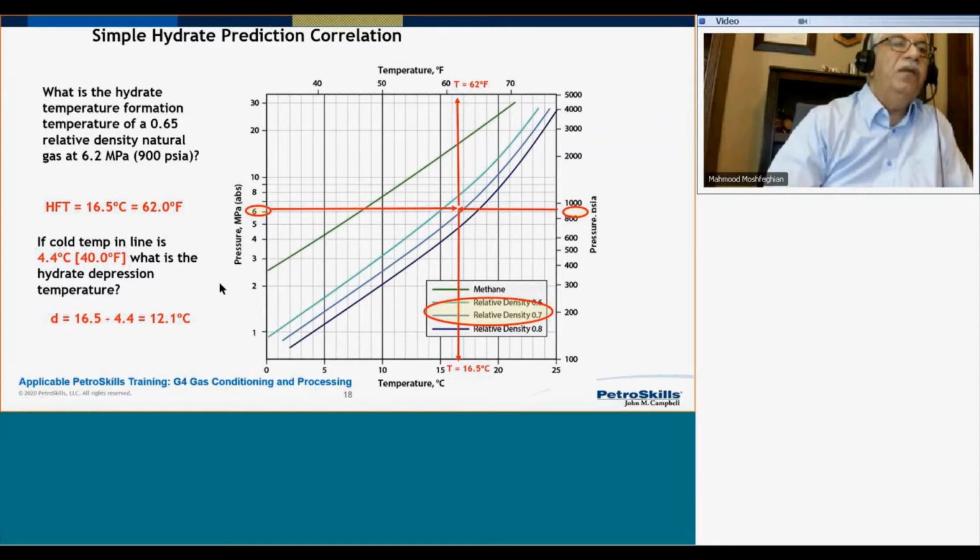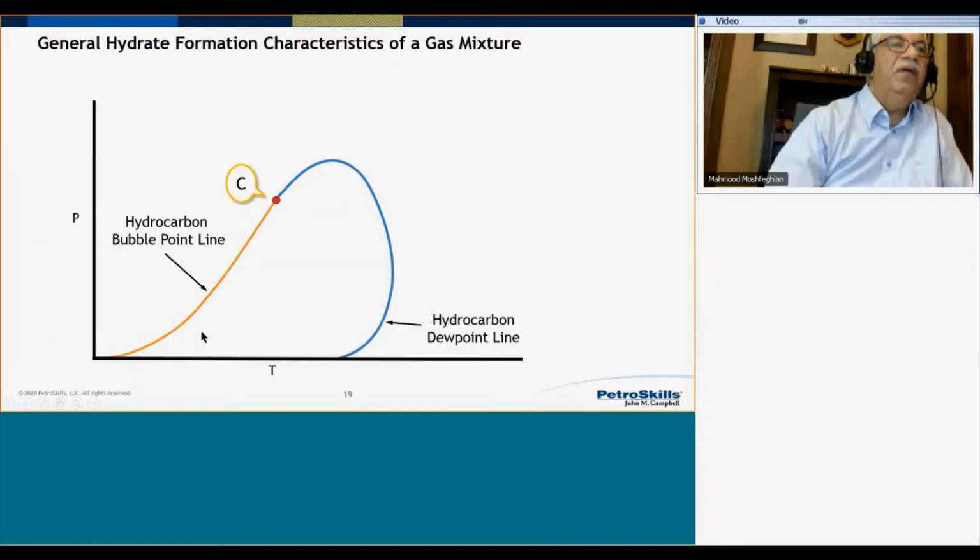So we're going to determine the depression temperature. Depression temperature we define as the hydrate formation temperature, which is determined to be 16.5 degrees Celsius, minus 4.4 degrees Celsius, which is the coldest temperature in the line. So the depression temperature is 12.1 degrees Celsius, or equivalent to 22 degrees Fahrenheit. So we have to inject enough inhibitor to depress or shift the hydrate curve to the left. And we're going to look at this in upcoming slides.